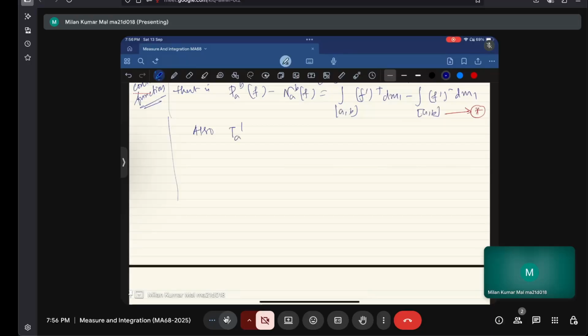Also, the TABF which we have proved just now, that is the integral from a to b of mod of f dash dm1.